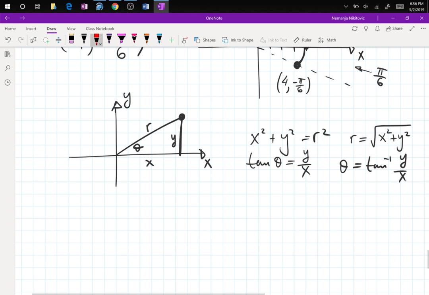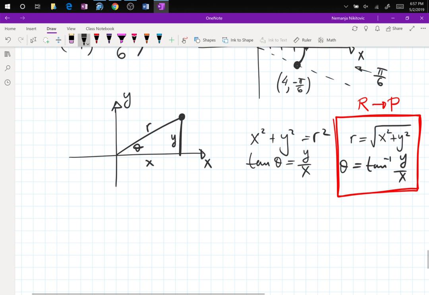So I am able to calculate r and I am able to calculate theta given x and y if I use these two equations. This is the conversion from rectangular into polar, because if you give me both x and y, that means I have rectangular, and I can calculate polar coordinates.